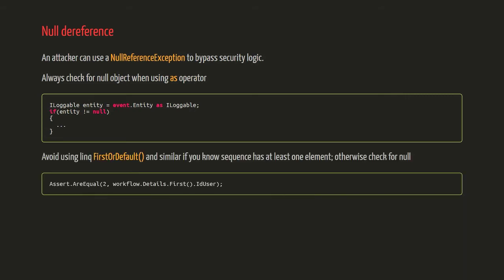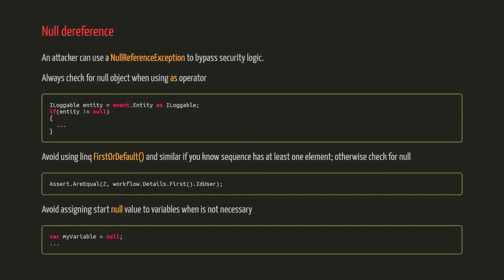Avoid using LINQ First or Default and similar if you know the sequence has at least one element. Otherwise, always check for null. And avoid assigning a starting null value to variables when it is not necessary, because they can be misunderstood by Fortify analysis and it's not a clean code practice.